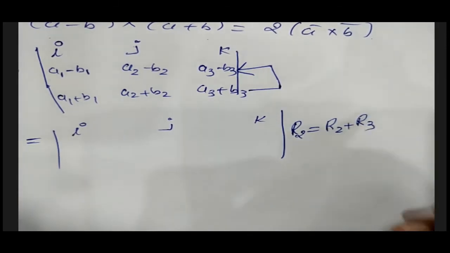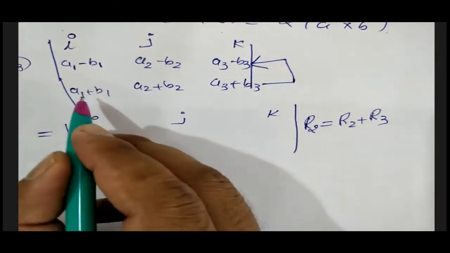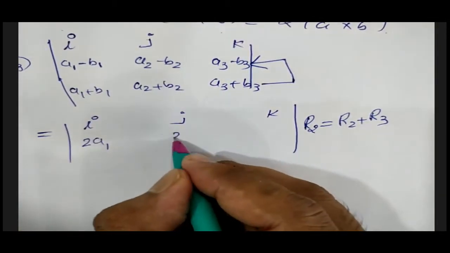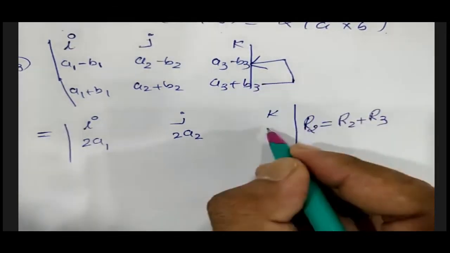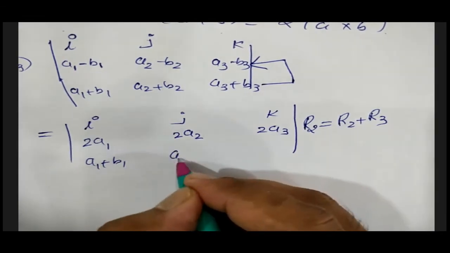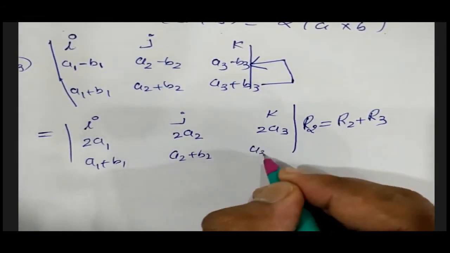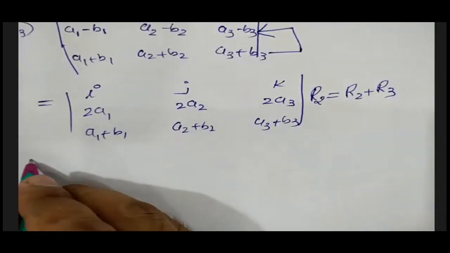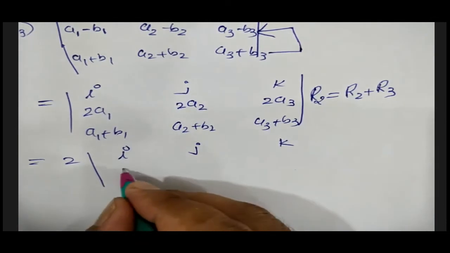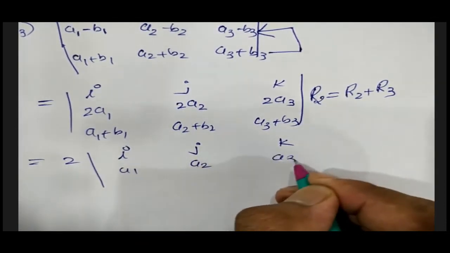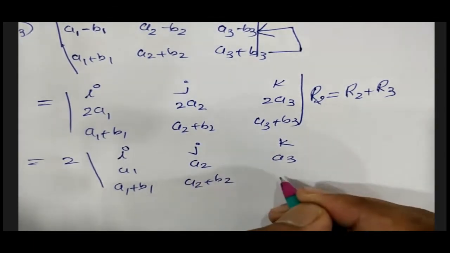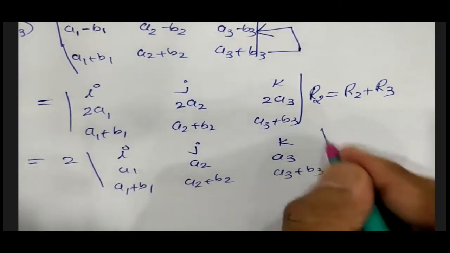By adding, b1 cancels and we have 2 times a1, b2 cancels and we have 2 times a2, b3 cancels and we have 2 times a3. So the second row is 2 a1, 2 a2, 2 a3, and the third row is a1 plus b1, a2 plus b2, a3 plus b3.